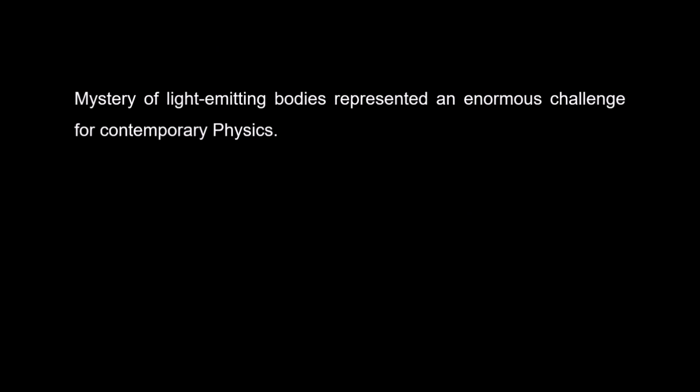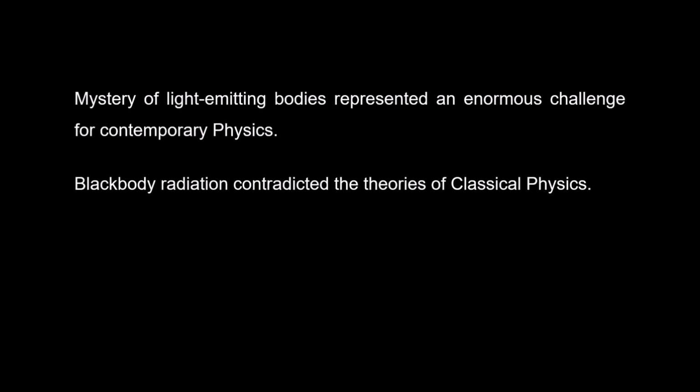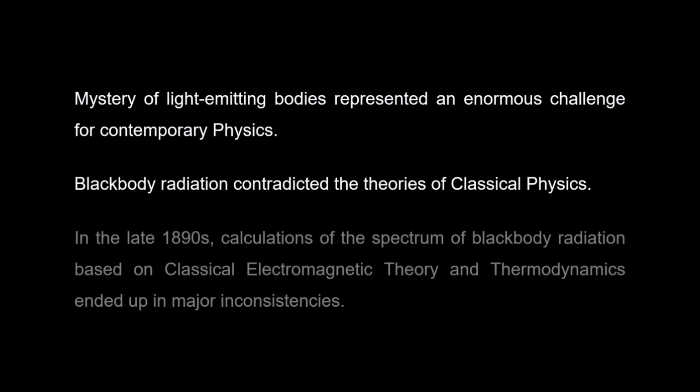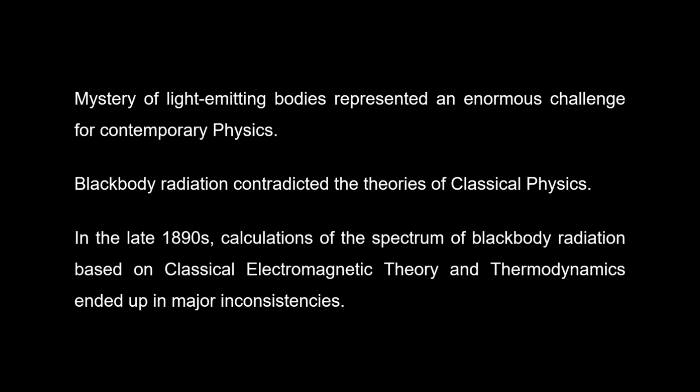The mystery of light-emitting bodies represented an enormous challenge for contemporary physics. Blackbody radiation contradicted the theories of classical physics. In the late 1890s, calculations of the spectrum of blackbody radiation, based on classical electromagnetic theory and thermodynamics, ended up in major inconsistencies.